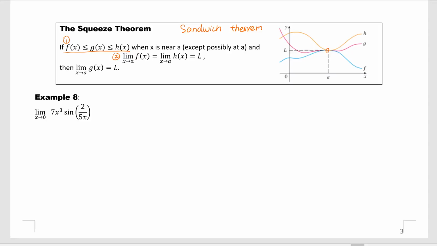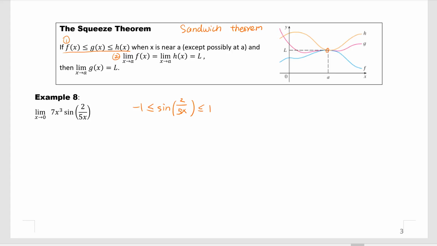Well, x cubed is not bounded, right? But sine is bounded. So you start with the sine. I don't care what the angle is, but the sine is always bounded between 1 and minus 1. So this is the first step.